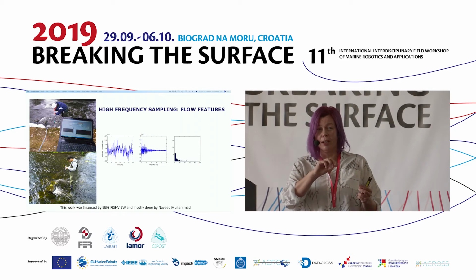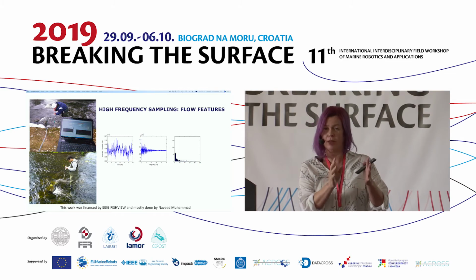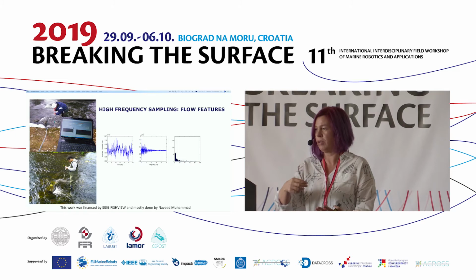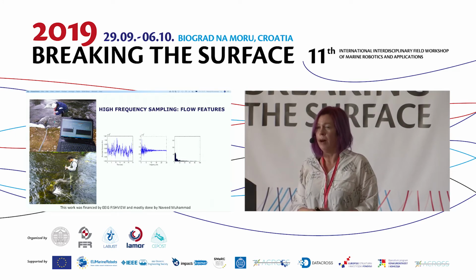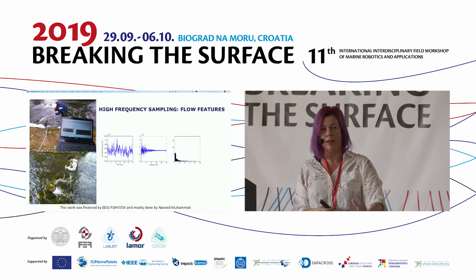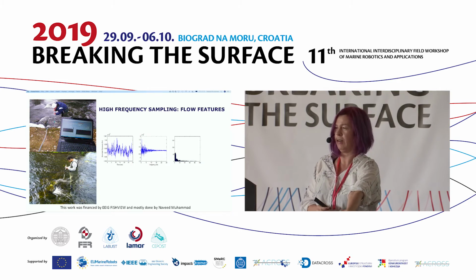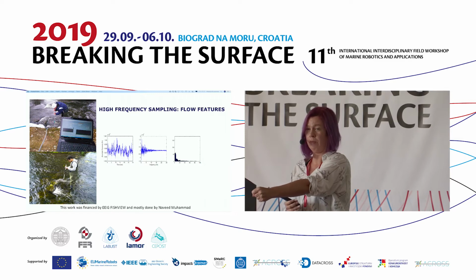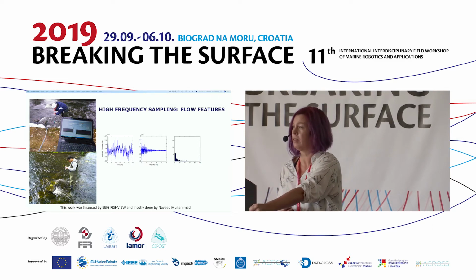Because we could understand in a flow there are definitely salient flow features, things that don't change for a very long time. You go back, for example, 2 months later and you put your sensor in there and you look at the signals and say, I've been here. And you put it in a different place and say, that's a different place.